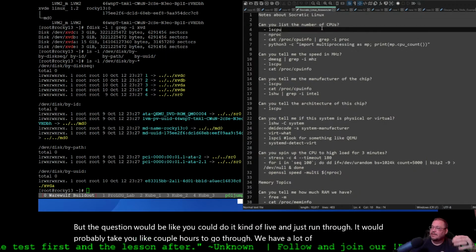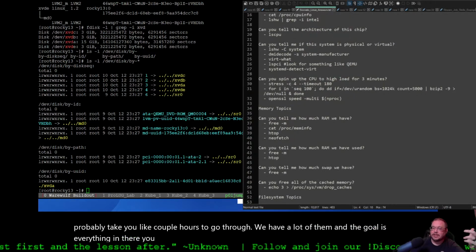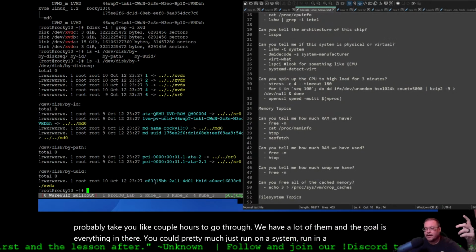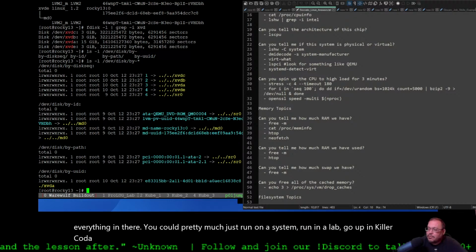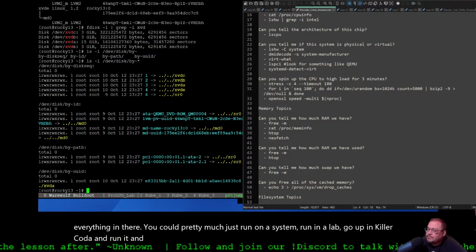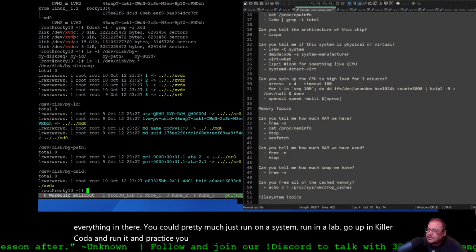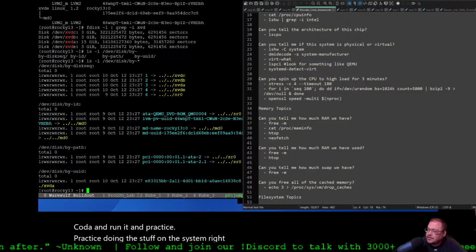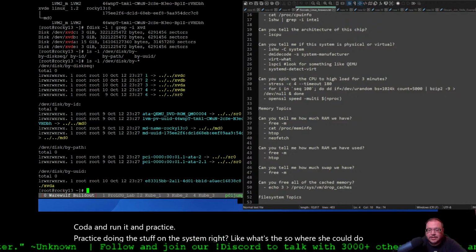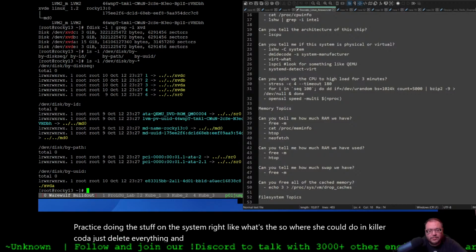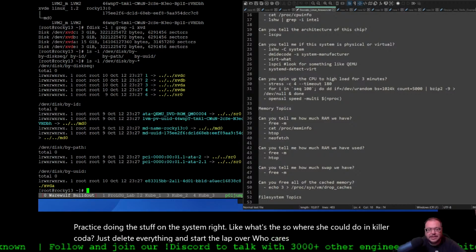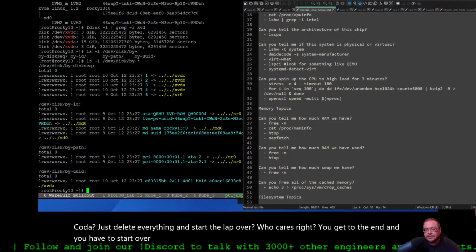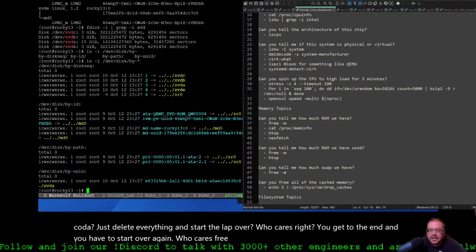The goal is everything in there you could run on a system, run in a lab, go up in Killer Coda and practice doing the stuff on a system, right? What's the worst you could do in Killer Coda? Just delete everything and start the lab over. Who cares, right? You get to the end and you have to start over again. It's a free lab. All it cost you was the hour to do it.